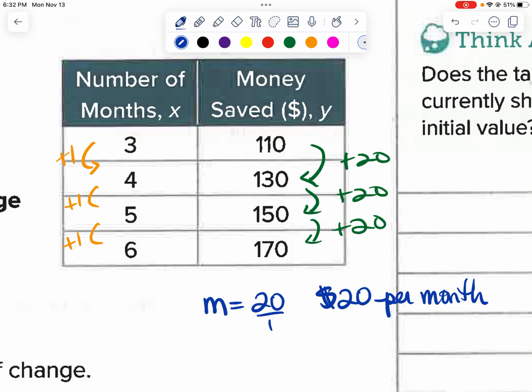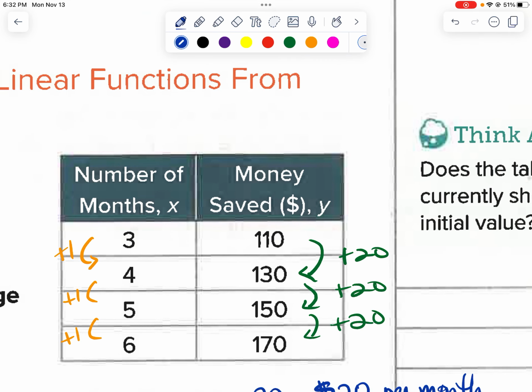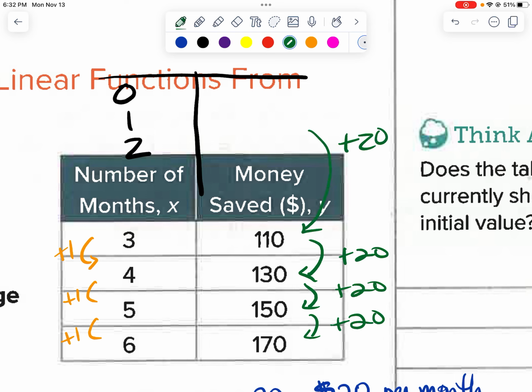Then I need to find, I'm going to go backwards. I'm going to just make my T-chart a little bit bigger. So I'm going to go back to 2, back to 1, back to 0. So on this side, I need this to be a plus 20, plus 20, plus 20. So what plus 20 gets 110? 90 plus 20 gets 110. What plus 20 gets 90? 70.